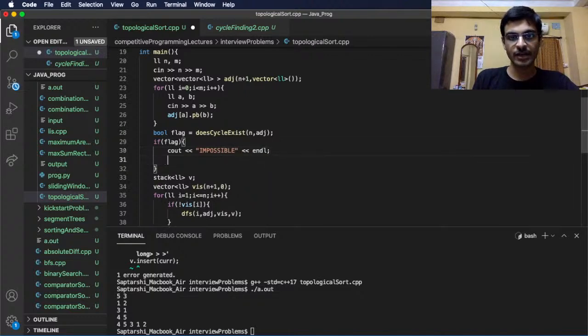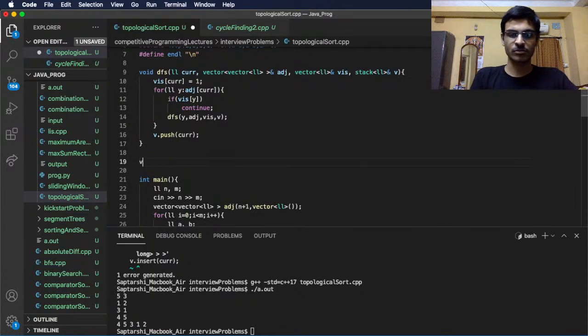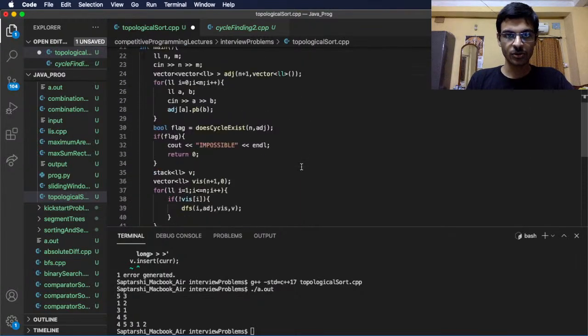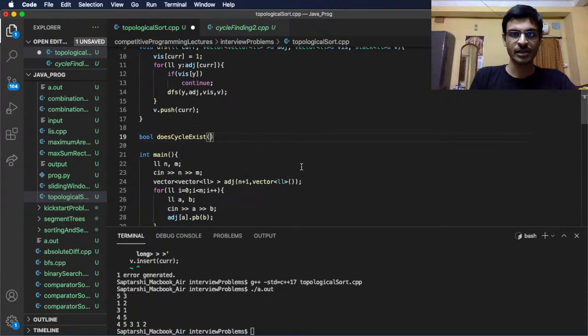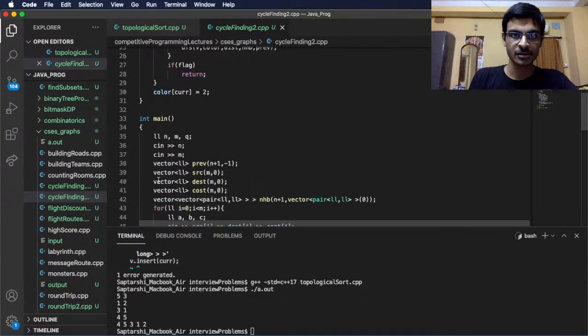And we can return from here, return 0. Else we are going to do this. Does cycle exist? It will have its own thing, a bool. Bool, does cycle exist? So you have n and adj: ll n and vector ll ampersand adj. Over here you can use something like this.